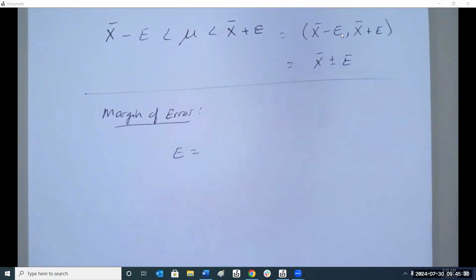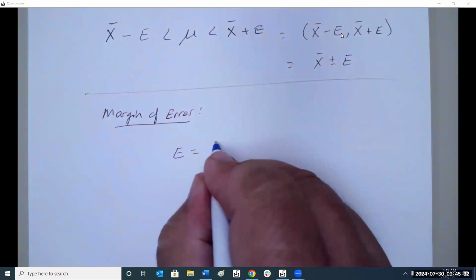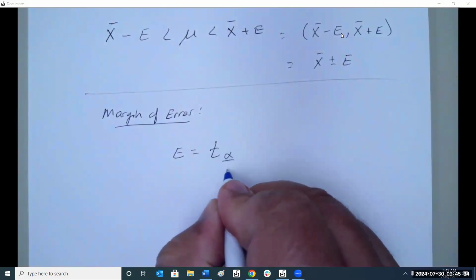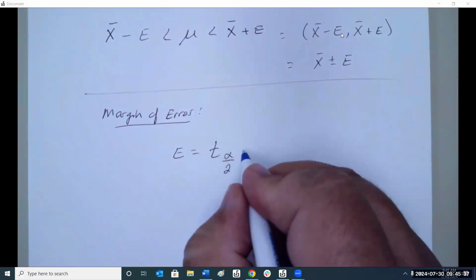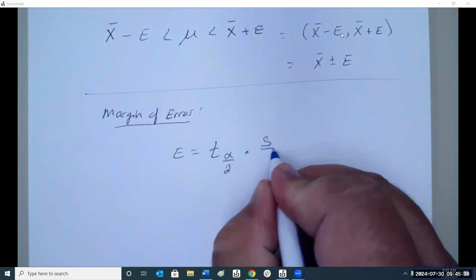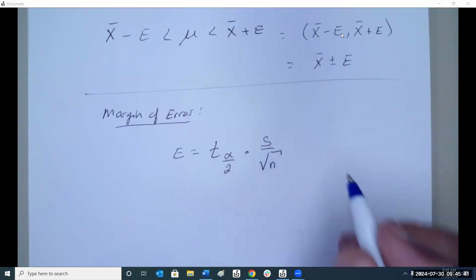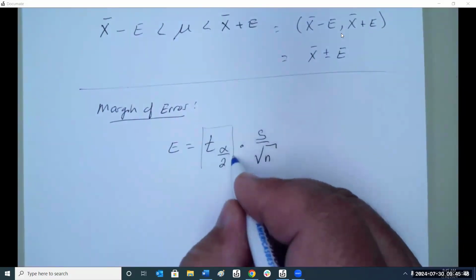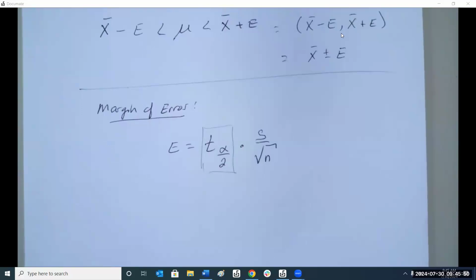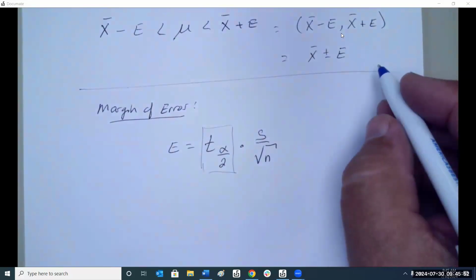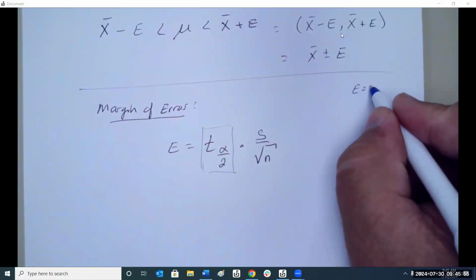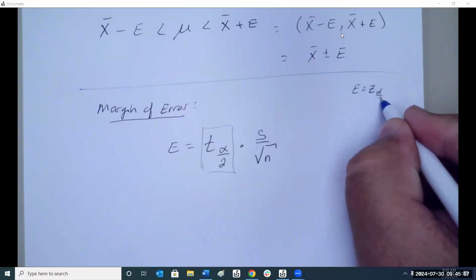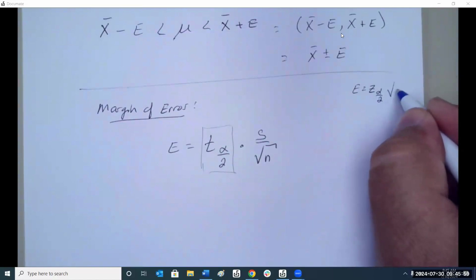In this case, since we don't know the population, we are now going to use a different format. Remember when we did proportions yesterday, our error was the z-score, confidence interval divided by 2, and then the square root of pq over n.